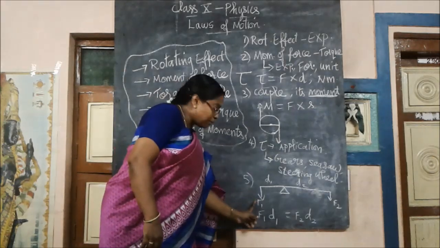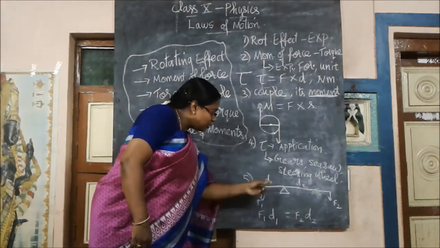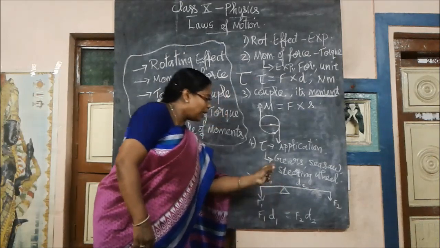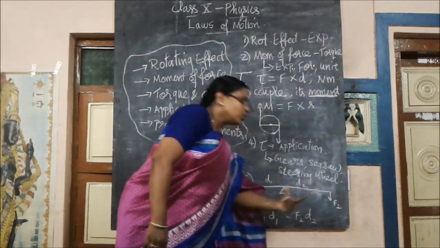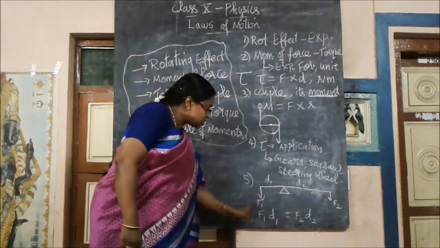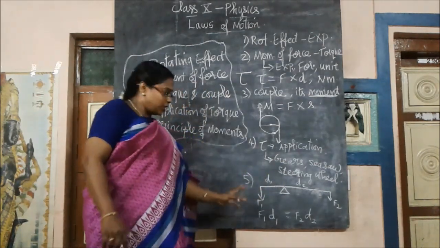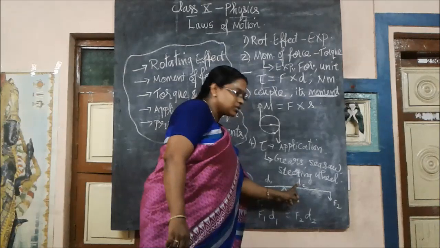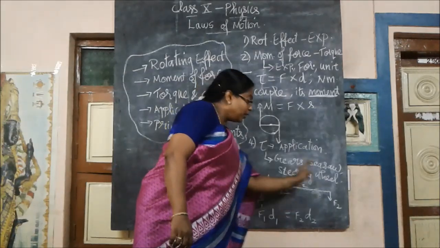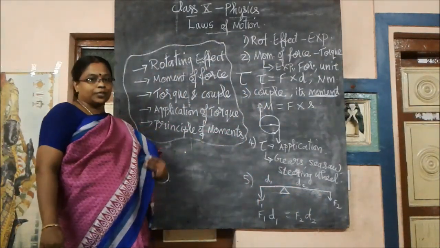Now one force is applied over here at a distance of D1, and another force is applied here at a distance of D2. So force into distance will give moment in this direction, and this force into this distance will give the moment in the other direction, right?